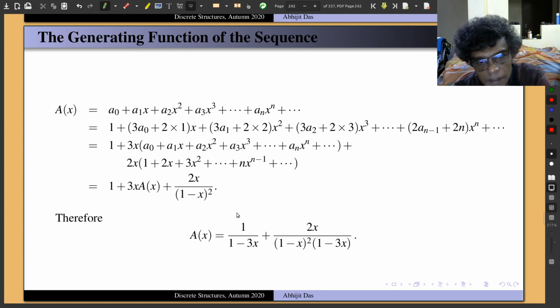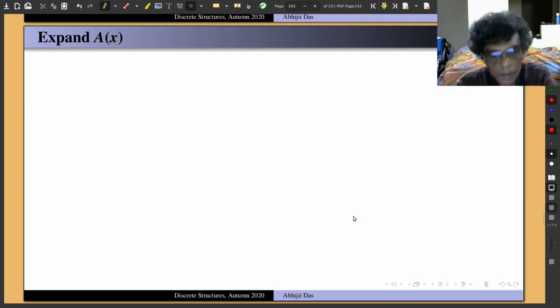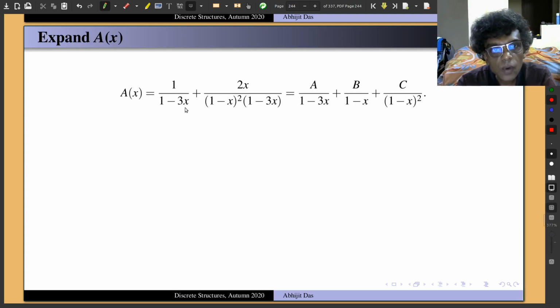Okay. Now, in order to expand this, I use a trick that should be familiar to you. So, remember this. This is 1 over 1 minus 3x plus 2x over 1 minus x whole square, 1 minus 3x.